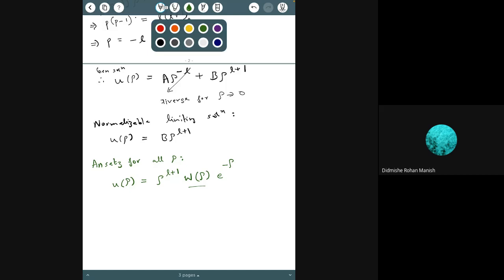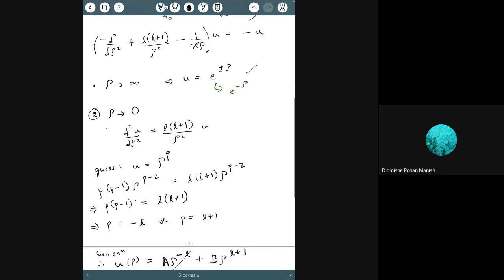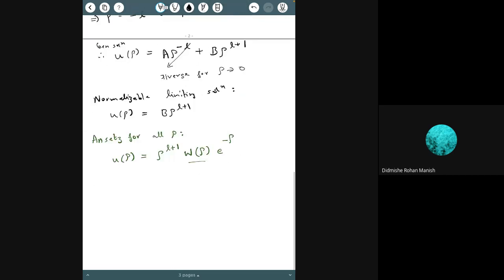I could have just said that U is a general function of rho and tried to solve the differential equation. But in that case, we are still solving the original one, and that does not look like any general form, so we don't know the solution. We're just trying to get to some form where we know the solution.